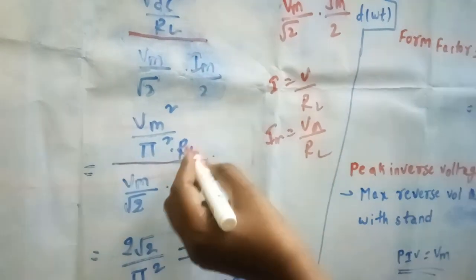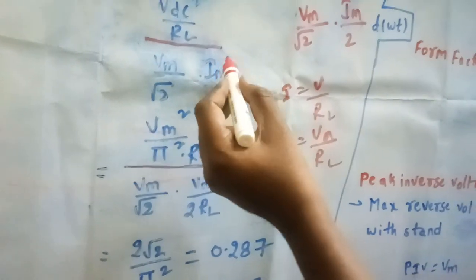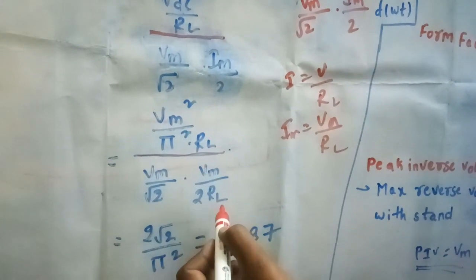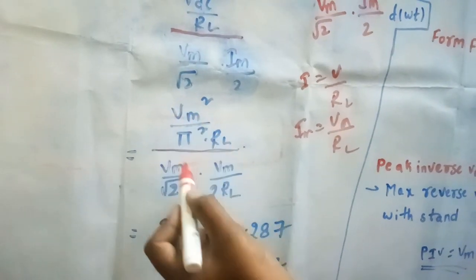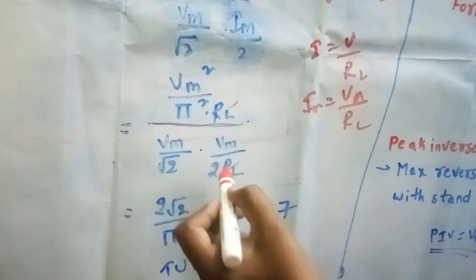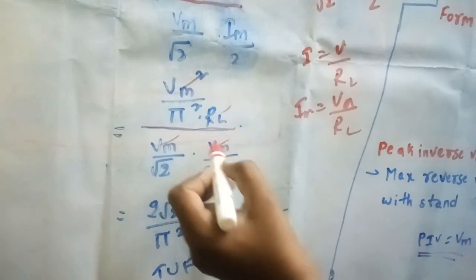So Vm by RL. With the 2 we already have, Vm by 2 into RL. Then here Vm square and in the denominator Vm into Vm. Both get cancelled, RL gets cancelled, Vm square and this Vm get cancelled.